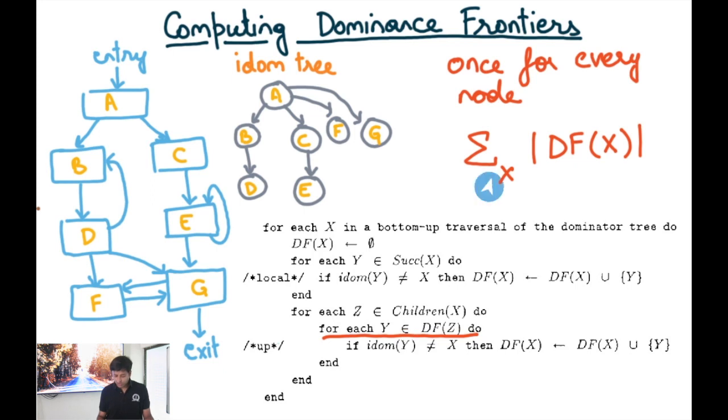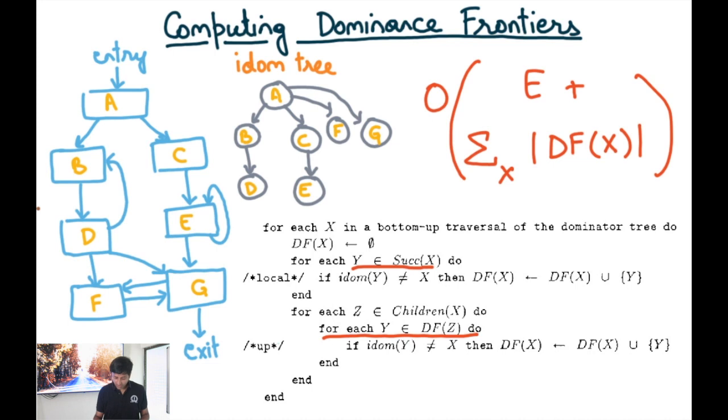So the total amount of work is the summation over X, where X represents the nodes in the graph, of the size of DF of X, and that represents the amount of work at this step, the DF up step. So overall, because of these two steps, DF local and DF up, the total amount of work being done in this algorithm is order E plus the summation of |DF(X)| over all the nodes X.